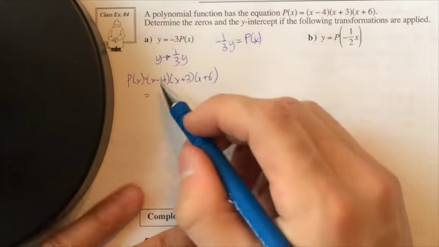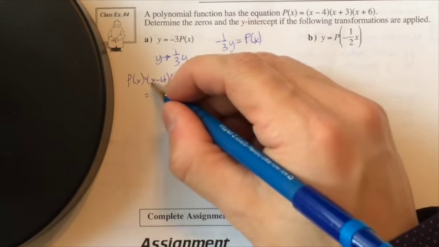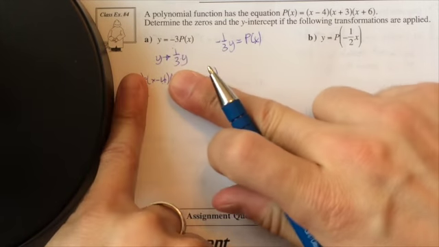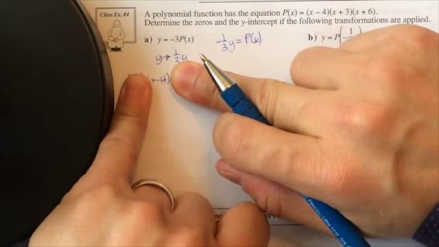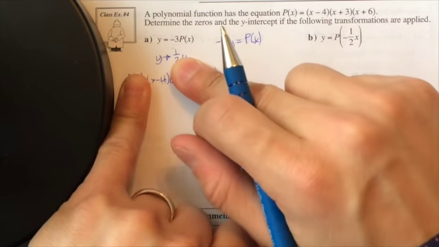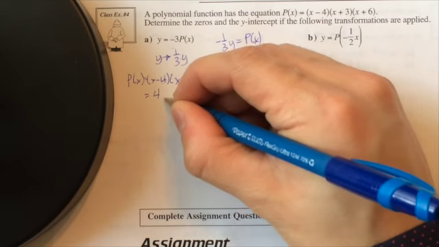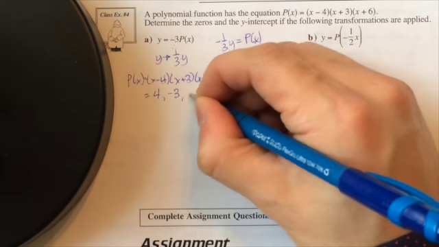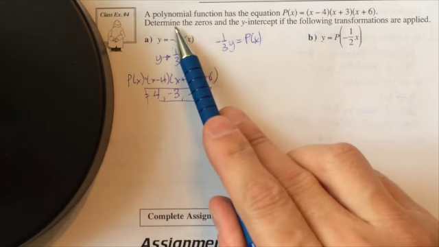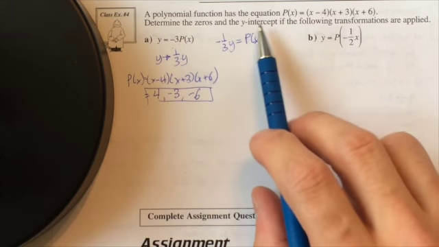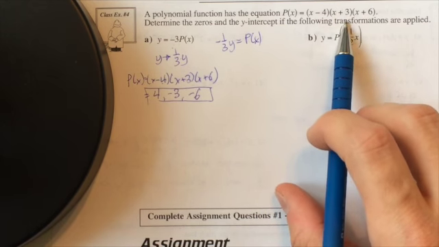Remember, this is going to be a cubic function, but the zeros are, if we set each of these individual factors equal to 0 and solve for x, I'm going to get my x values, my zeros, which are equal to 4, -3, and -6. Okay, so I've determined the zeros, but I haven't determined the y-intercept if this following transformation is applied.